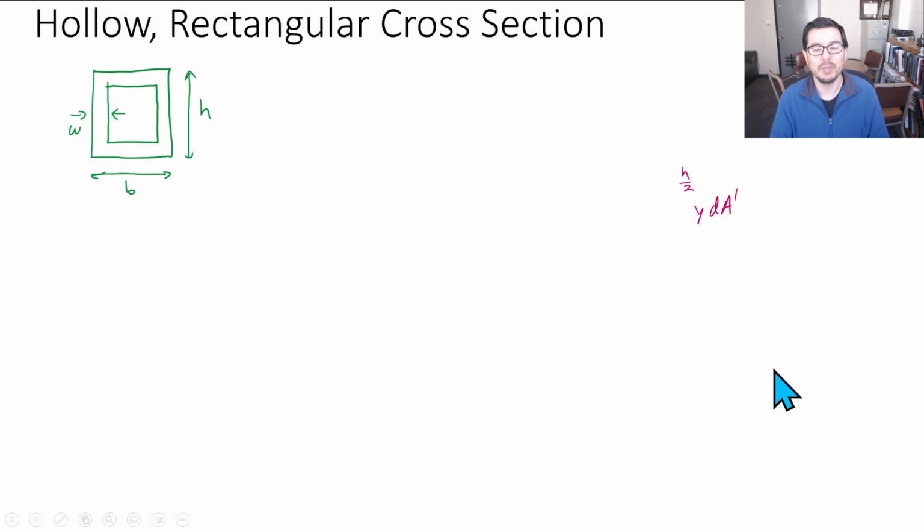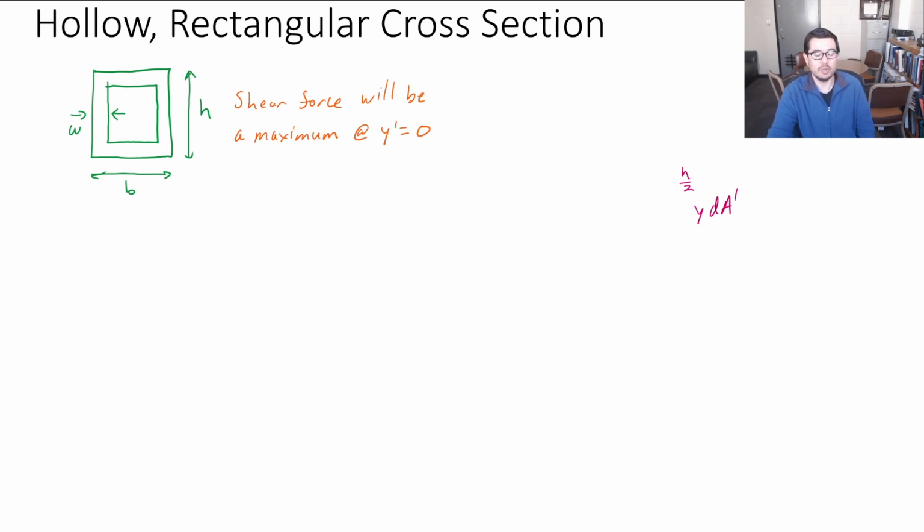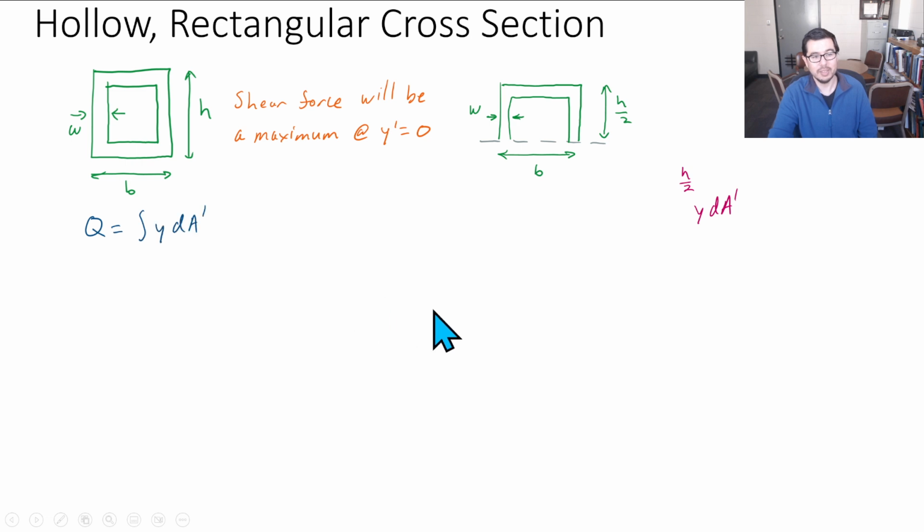Now, this rectangular section is a little bit tricky, and we still know that the shear stress is going to be a maximum at y prime equals 0, and we still want to figure out a Q. We want to think about our geometry in terms of parameters defined away from the neutral axis.